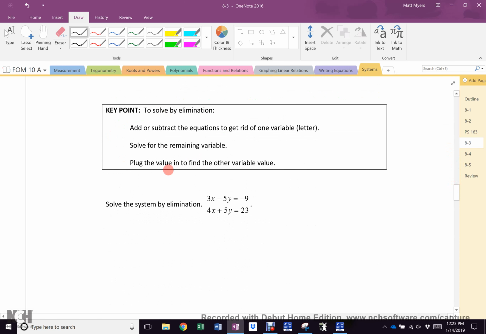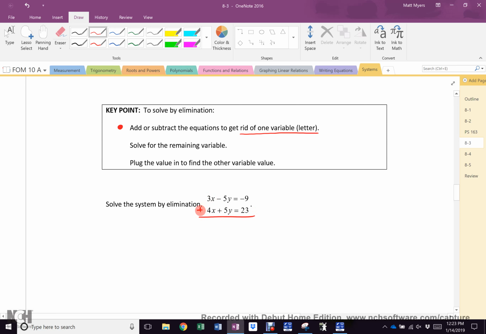All right. So, turn the page over and we see, just like with substitution, I give you the steps you need to do. Step 1, add or subtract to get rid of one variable. So which of these am I going to try and get rid of, x or y? Y. And am I going to be adding or subtracting? Adding.